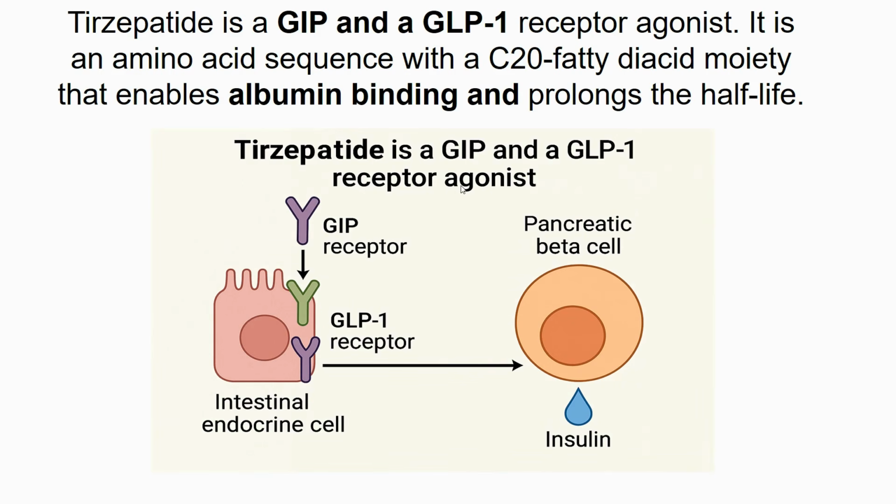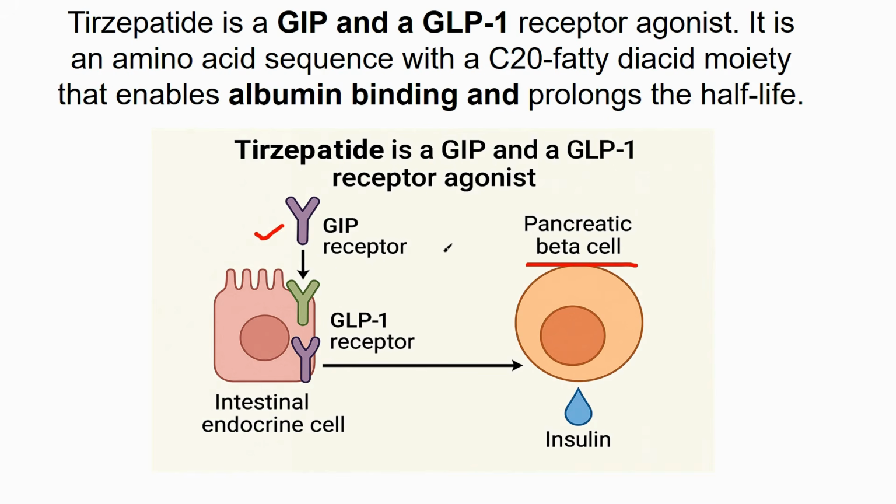Tirzepatide acts on both receptors, GIP and GLP-1, which are distributed on intestinal endocrine cells, and by enhancing their effect, increases the activity of incretin hormones, which activate the secretion of insulin from pancreatic beta cells.